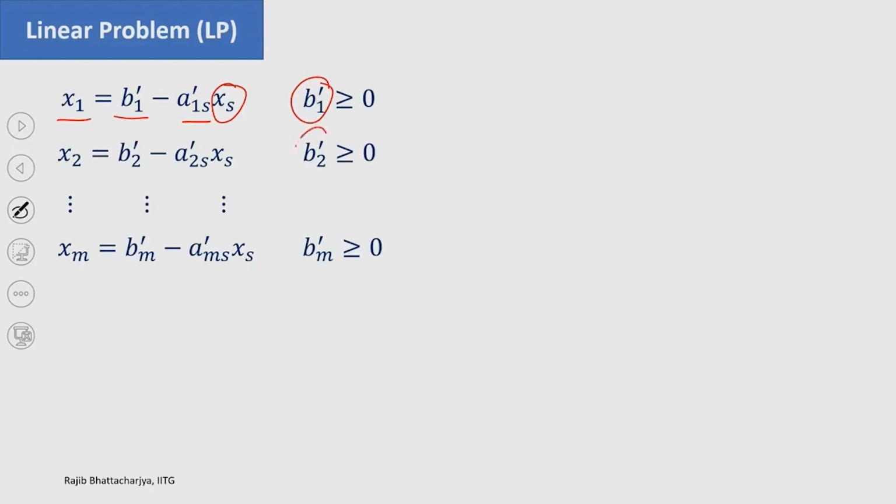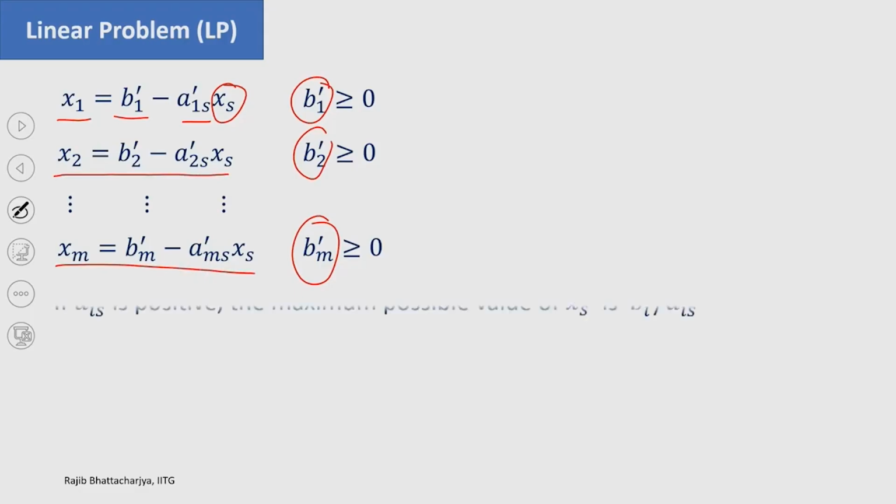So, b1 dash is positive, b2 dash is positive, up to bm dash is positive. From the first equation I can write x1 equal to b1 dash minus a1s dash xs.